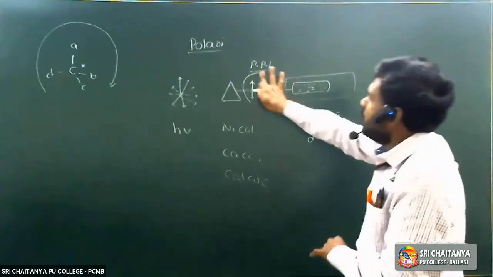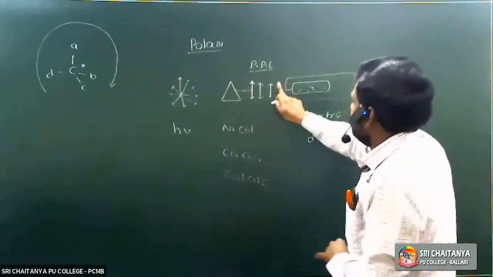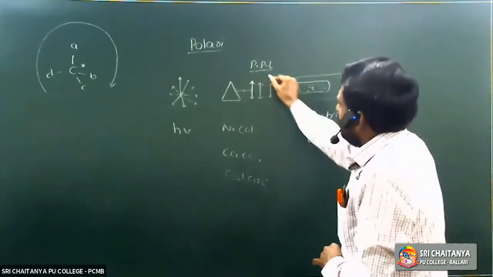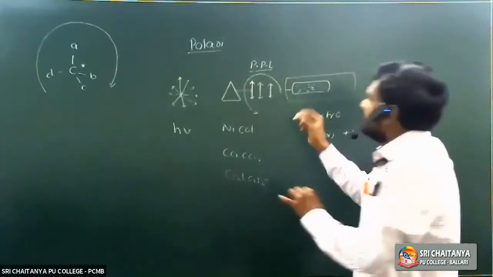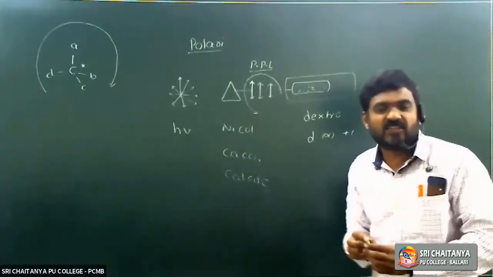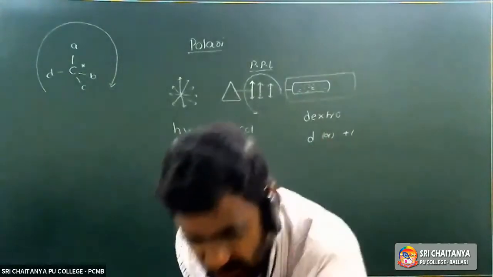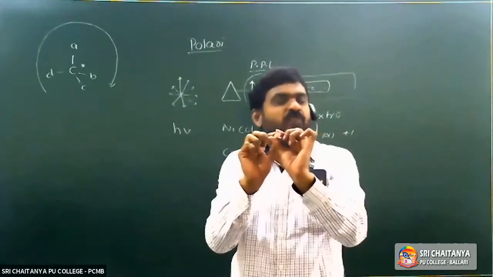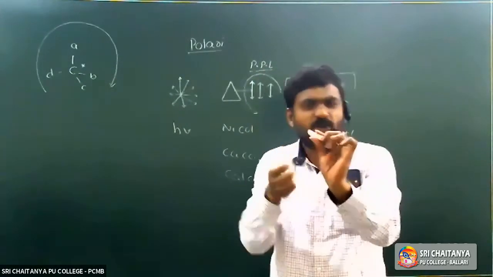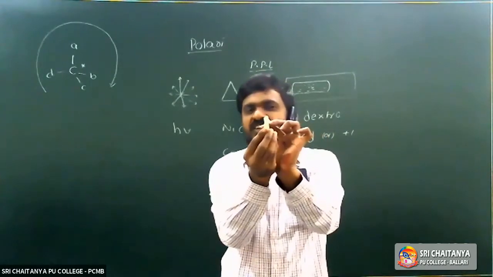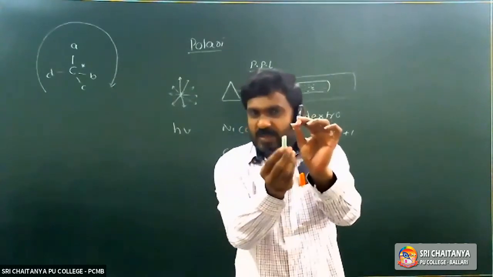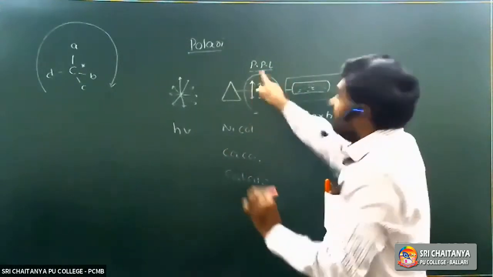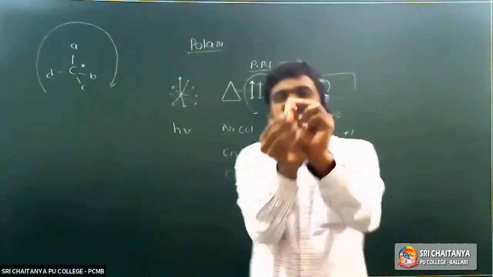Suppose the compound taken in solution in the polarimeter rotates the plane polarized light towards the anti-clockwise direction.